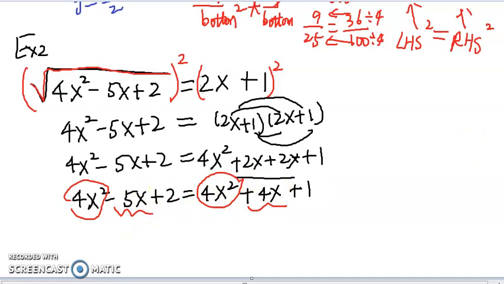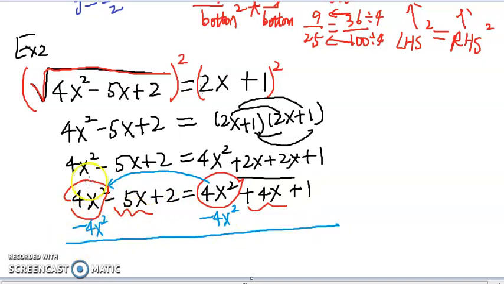So we can combine these like terms with the variable x. To combine them, we have to move one of them to the other side. For example, I can move this to the left by subtracting 4x squared from both sides. After subtracting 4x squared, they cancel. So we end up with just negative 5x plus 2 equals 4x plus 1.